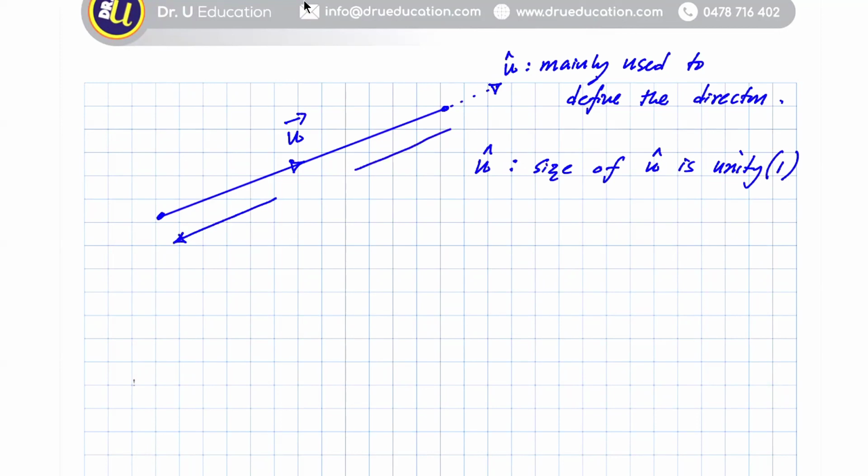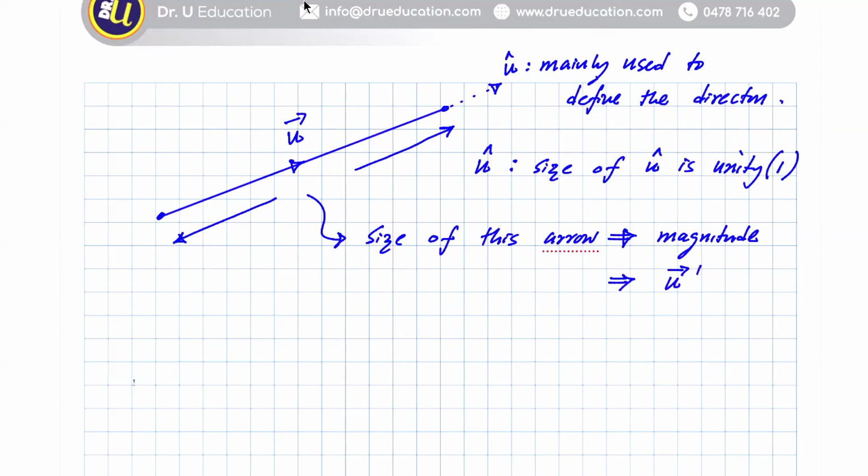We call it the size of this arrow, and that has a name, magnitude. That magnitude is given by the u vector magnitude. This is how you define it.